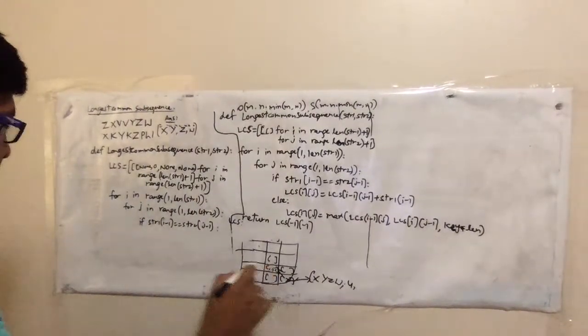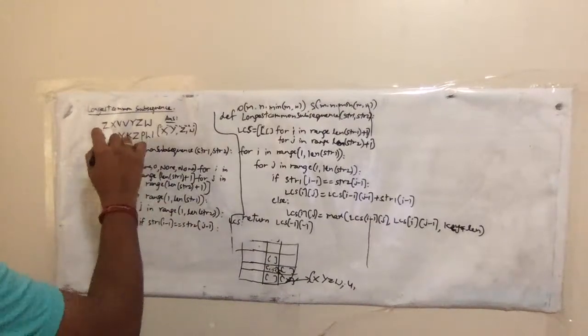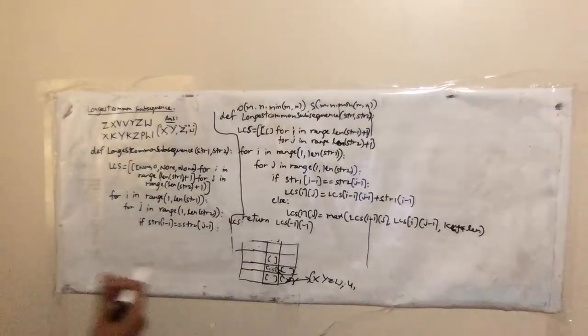If these two characters are equal, x and x is equal, so what can we do?